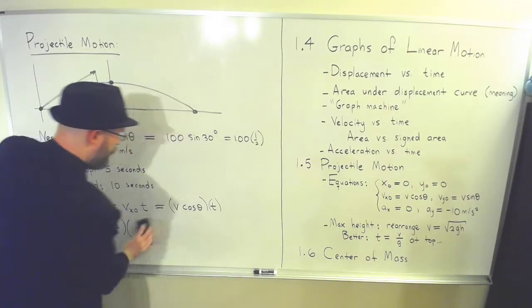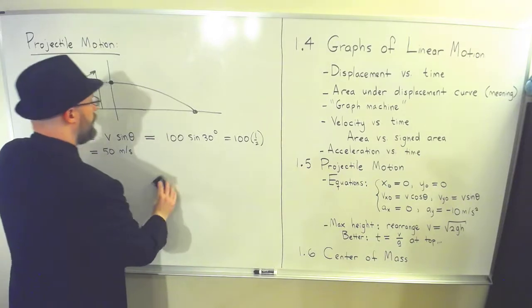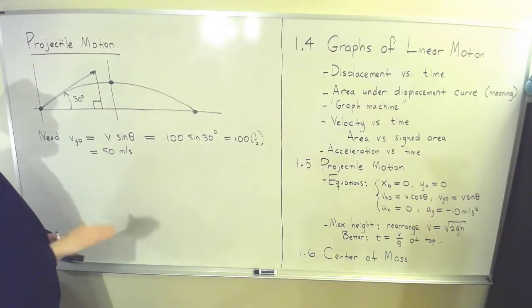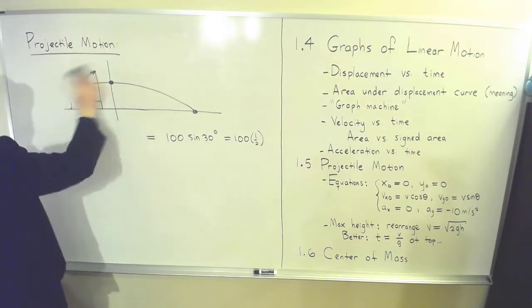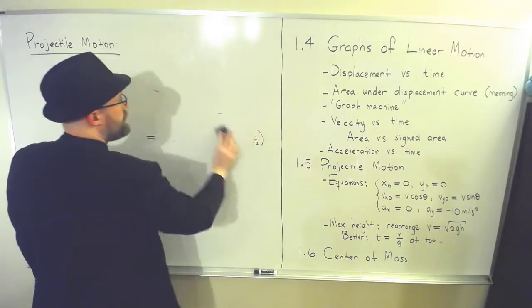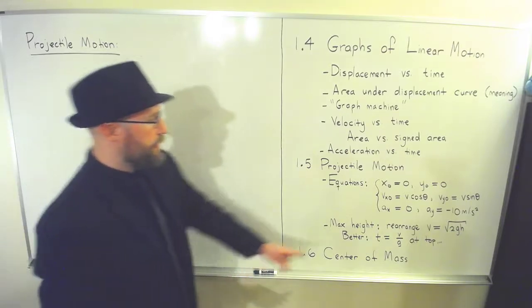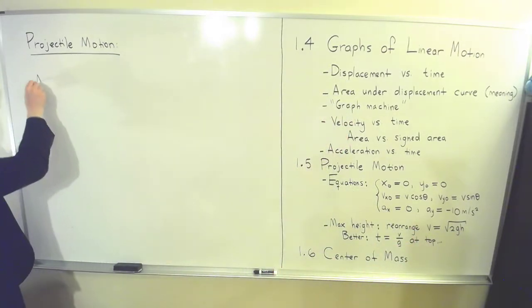Now I wanted to say one more thing, and that is that the book gives you a formula for figuring out what the maximum height of the projectile is. And what the book suggests is that you should rearrange this formula here, this max height.